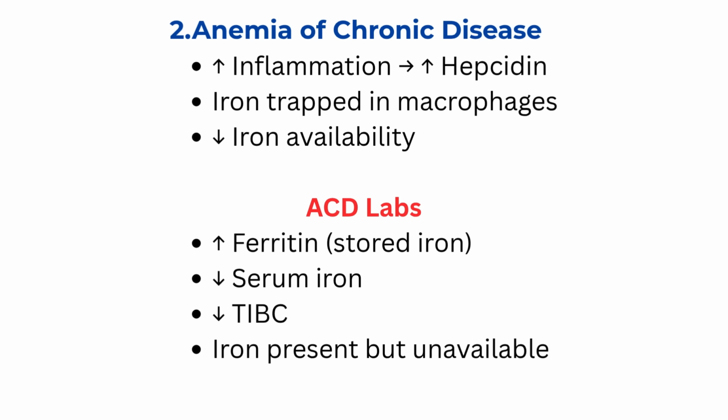So ferritin is high, but serum iron and TIBC are low. ACD labs: increased ferritin, stored iron; decreased serum iron; decreased TIBC. Iron is present but unavailable.